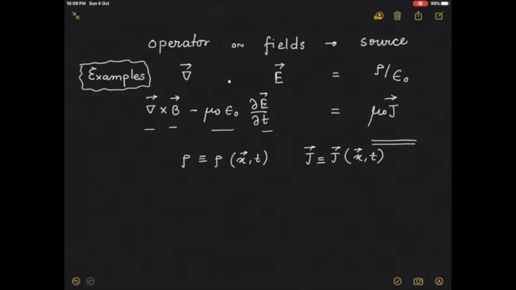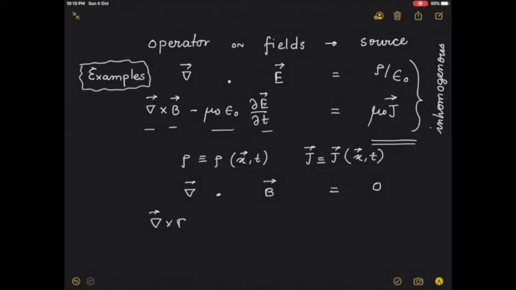These two cases where the source on the right hand side is non-zero are called inhomogeneous equations. On the other hand, I have two other examples: divergence of B equals 0 and curl of E plus del B del t equals 0.